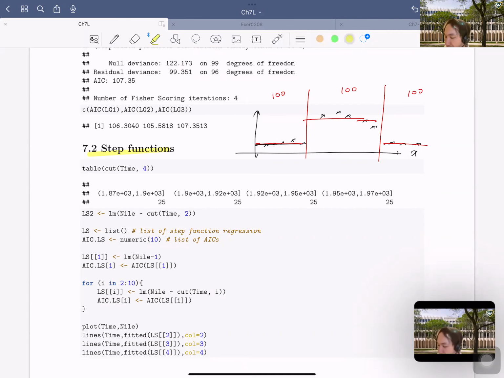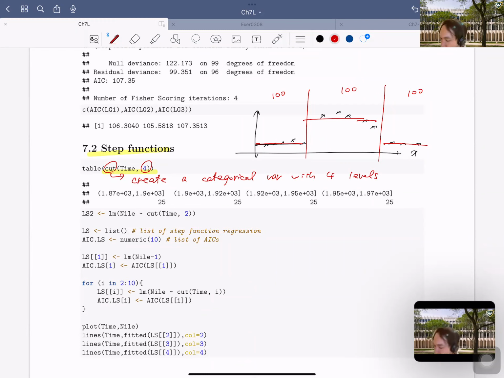And that can be done by this cut function. The cut function basically creates a categorical variable, in this case with 4 levels, and the 4 levels have an equal number of observations.